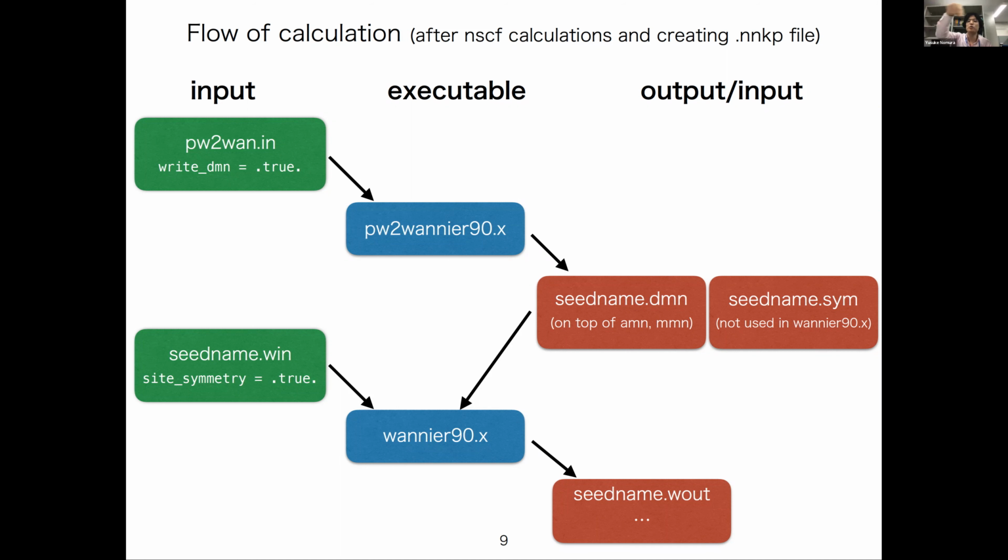So let me give the example by using this material, calcium copper O2. This calcium copper O2 is the famous family of the high Tc cuprates, and it has a layered structure like this. So it is a quasi-2D material.